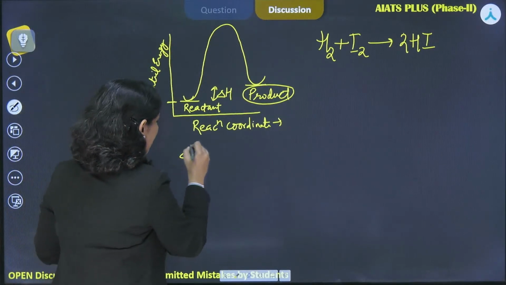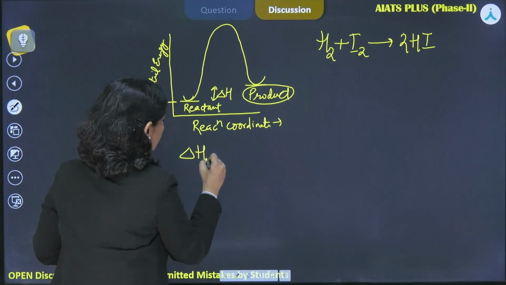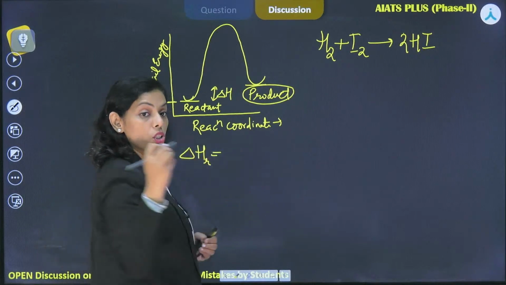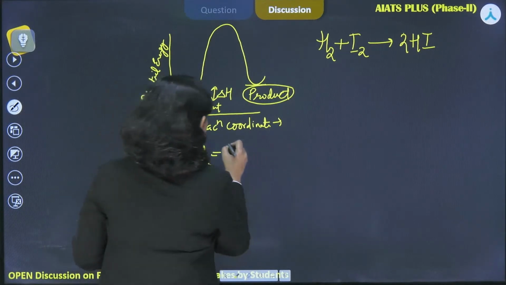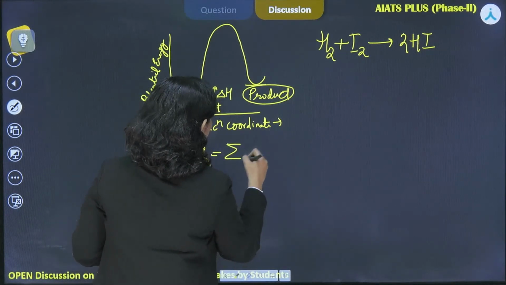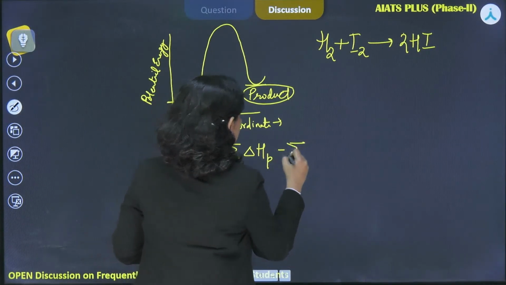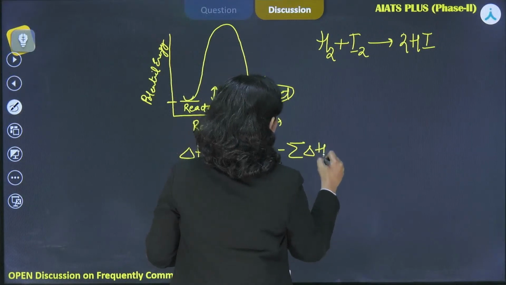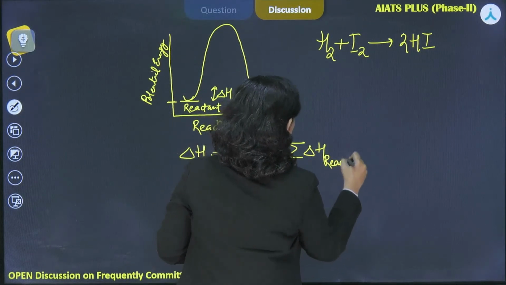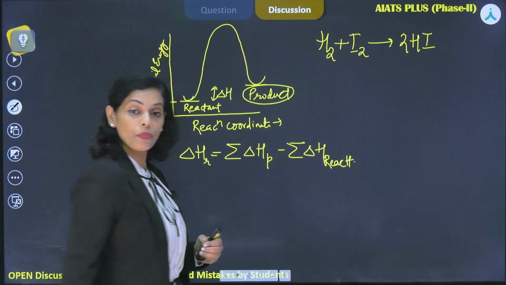So delta H for the reaction, if you just look at it, we know from the chapter thermodynamics that this is the sum of the enthalpy of products minus the sum of the enthalpies of reactants. This we take, right?